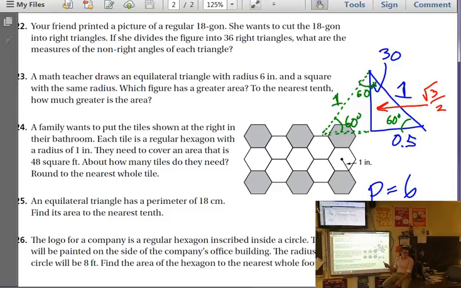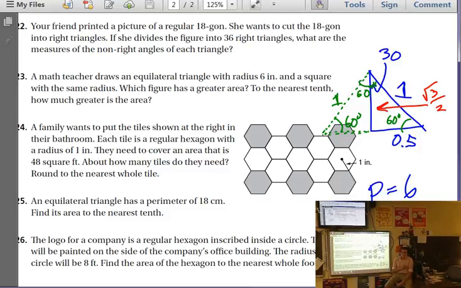And do your apothem times your perimeter, chop it in half. So apothem times perimeter, I'm going to get 3 radical 3. Then when I chop that in half, I'm going to get 3 halves radical 3 for my area of each one. And that would be inches squared.